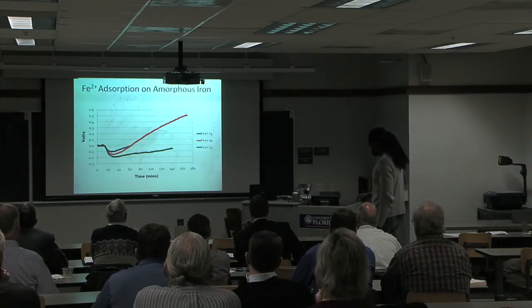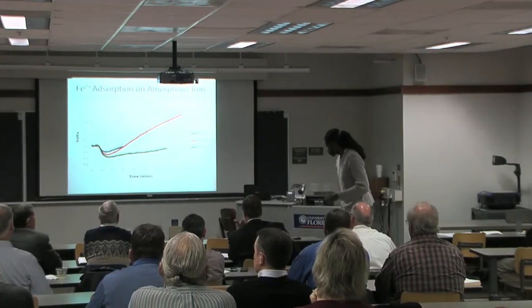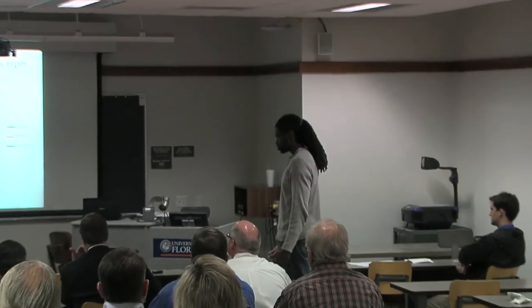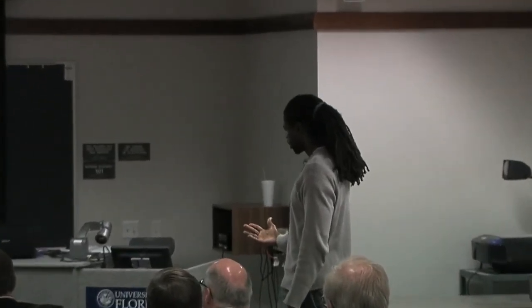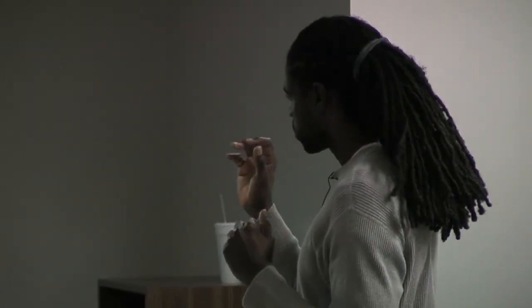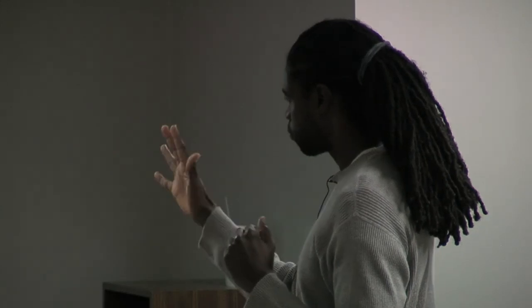So this is actual data. What we have on the x-axis is time. We have 3 experiments: red experiment, green, and blue experiment. What we did in this case is we pulse the surface with 60 minutes, 140 minutes, and close to 3 hours of iron moving through the aquifer.